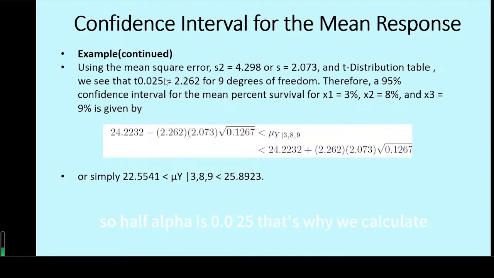So half alpha is 0.025. So that's why we calculate the critical value here. So we fill everything into the confidence interval, and can get about 25.89 for the confidence interval of the mean response value at these 3 independent variables.